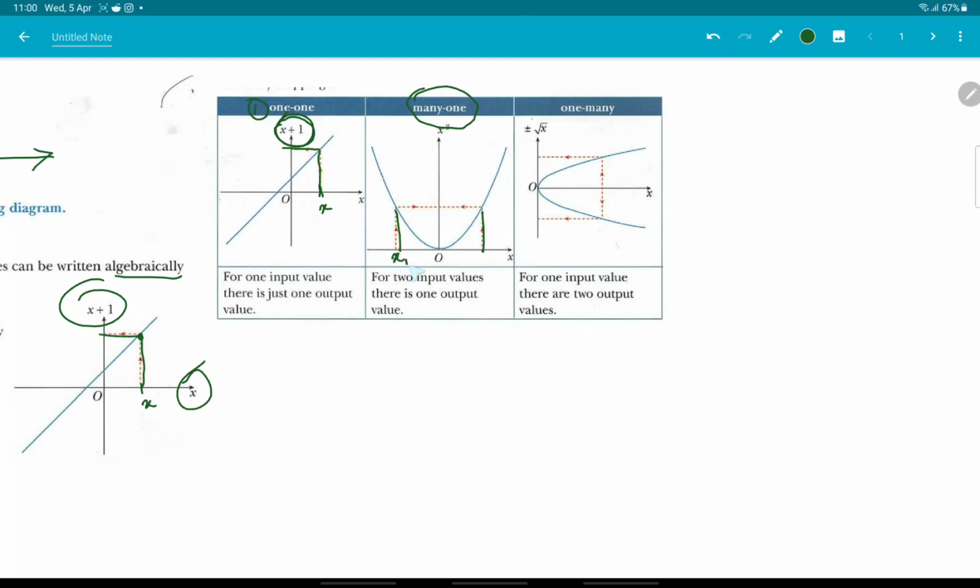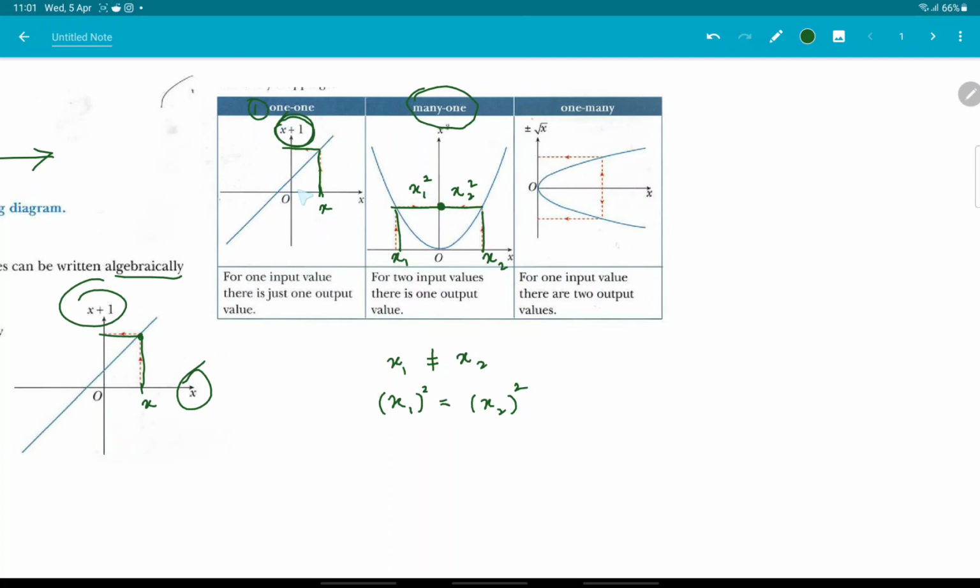Let's say the inputs are x1 and x2, and the outputs can be x1 squared and x2 squared. So x1 is not equal to x2, but x1 squared can be equal to x2 squared.